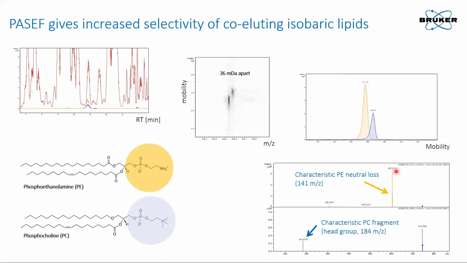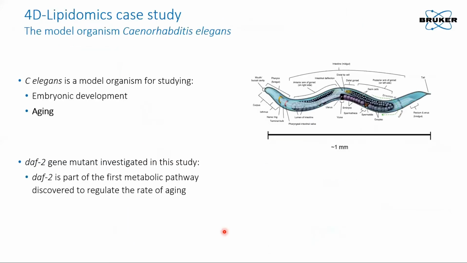So we're able to record these clean MS-MS spectra with these characteristic ions here for the PE neutral loss, and here for the PC lipid class. And this gives us additional confidence in the identification of these different lipids. So these 2 aspects are the main fundamentals of the 4D lipidomics workflows, having clean MS-MS spectra and reproducible CCS.